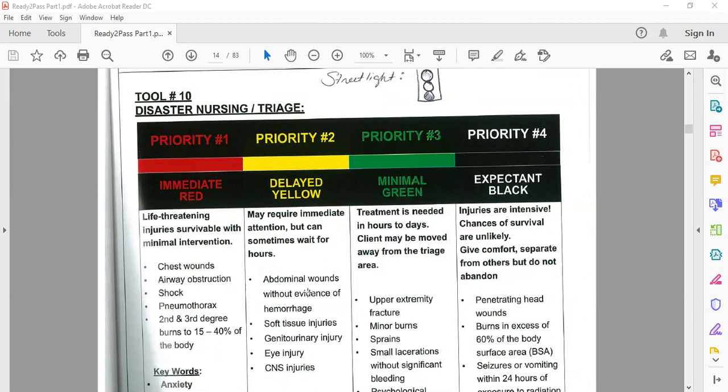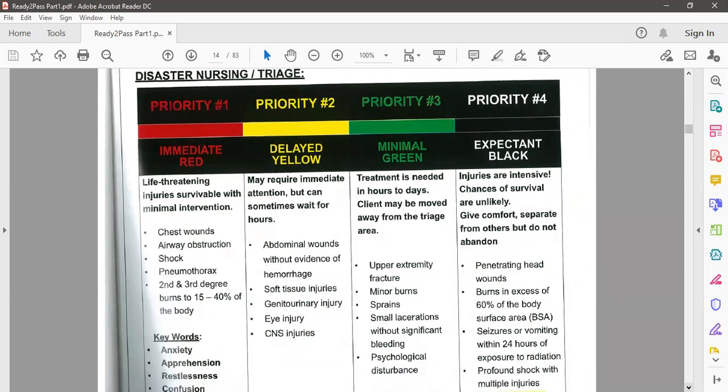Some examples of priority number 3 are upper extremity fracture, minor burn, small lacerated injuries, or psychological disturbance. What else? I said abrasion, any cut or sprain, all are class 3 or green tag.